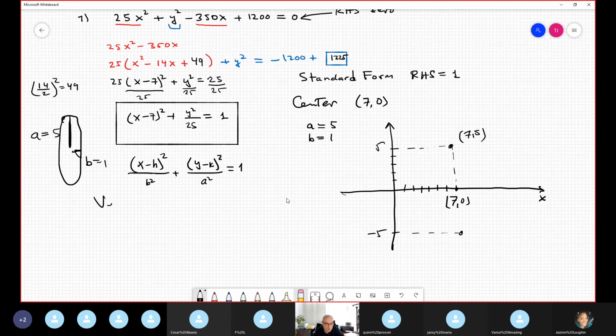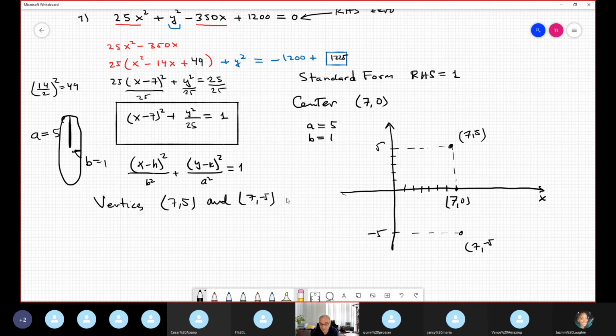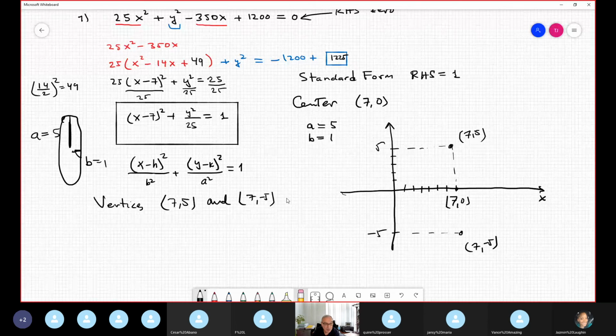So the vertices are located at the points 7,5 and 7, negative 5. And the endpoints of the minor axis, the distance is b, que es 1.